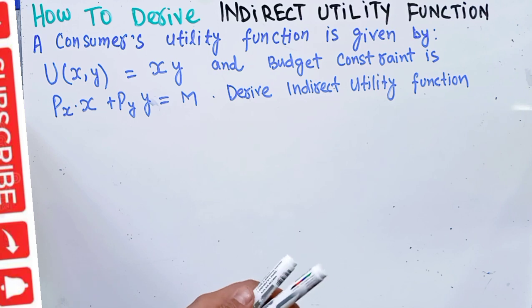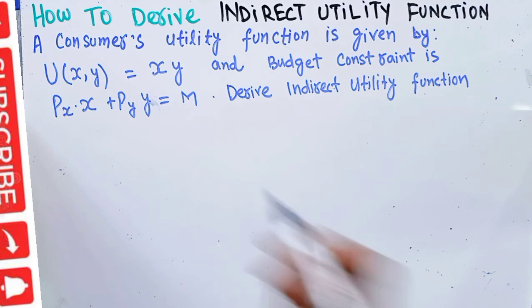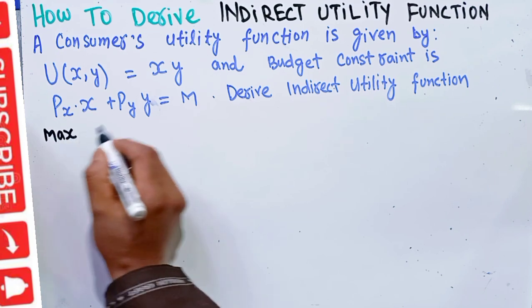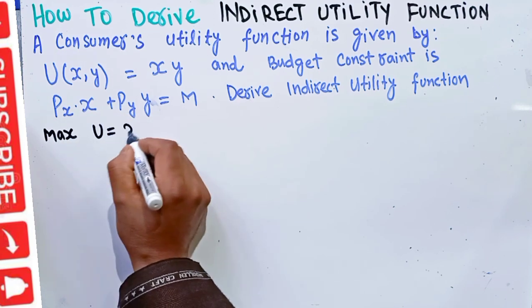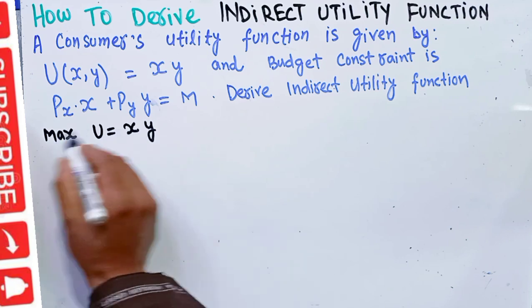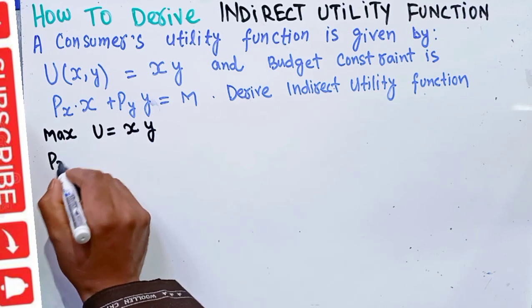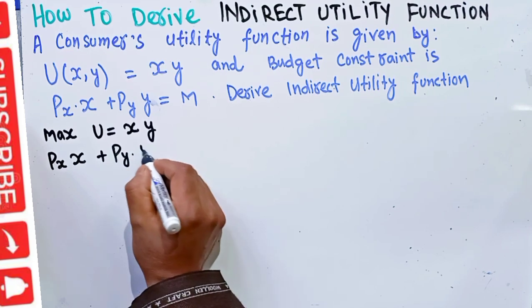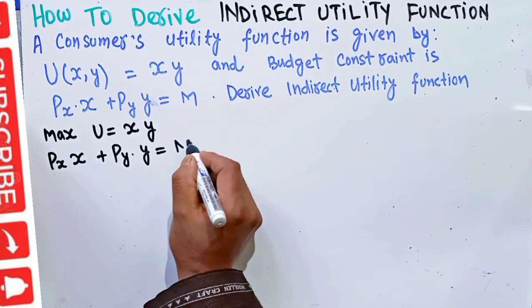So the first step is to maximize the given utility function, U equals x times y, subject to the budget constraint, that is price of x times units of good x plus price of y times units of good y, equal to the income of the consumer.